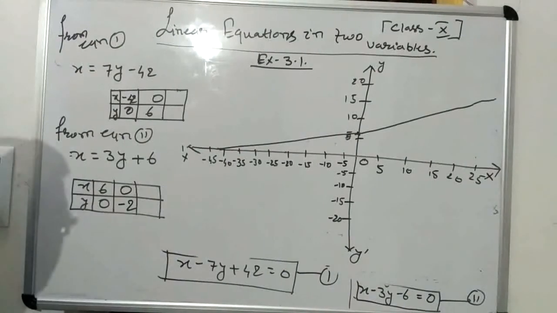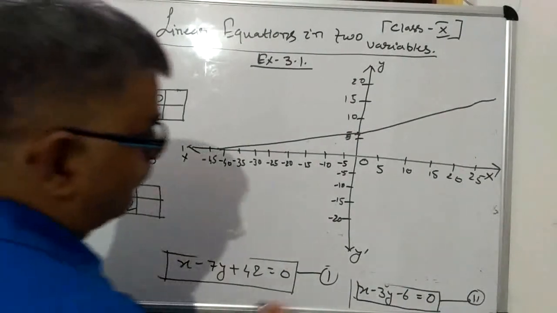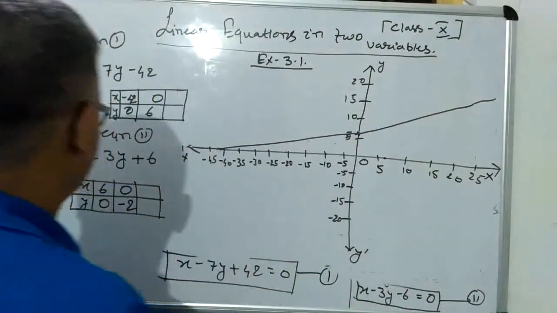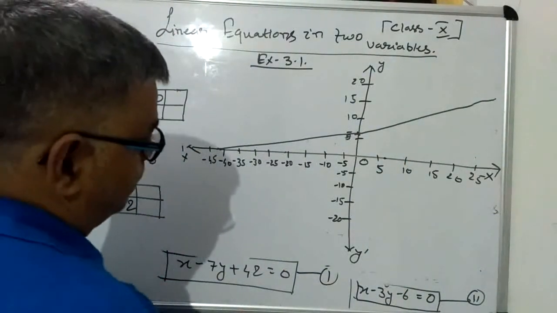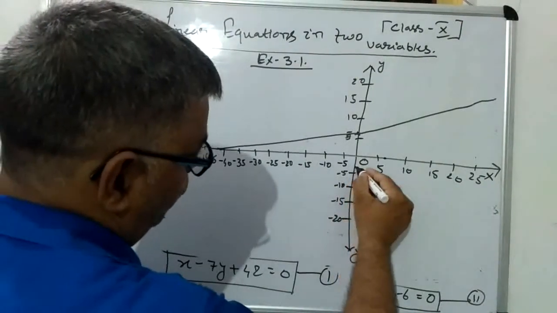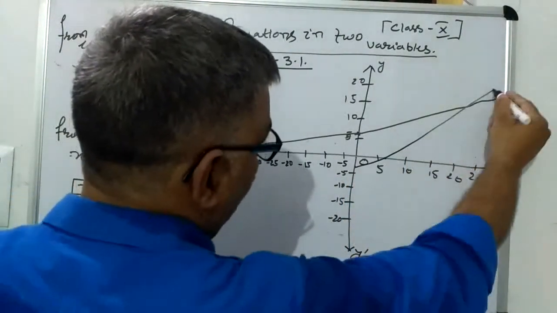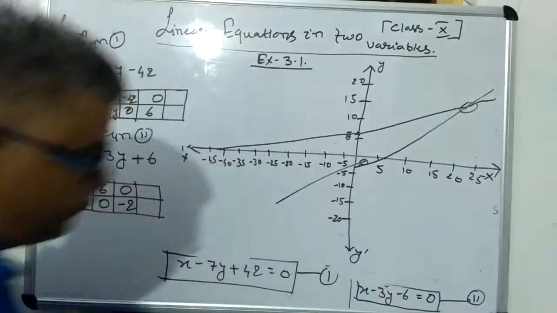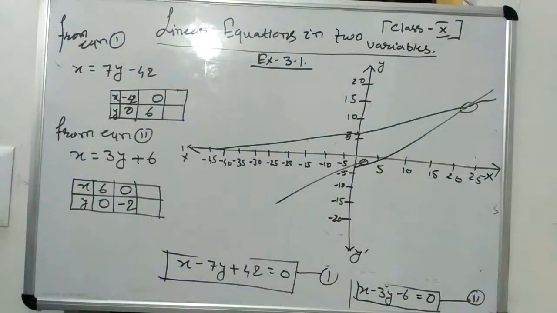And when you put x equals 6, y equals 0 here, and x equals 0, y equals minus 2, it means here. Now you join these two and produce the lines until they intersect, and the point at which they intersect will be the solution of x and y.